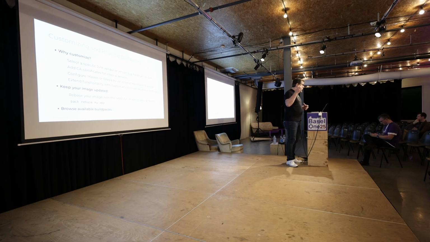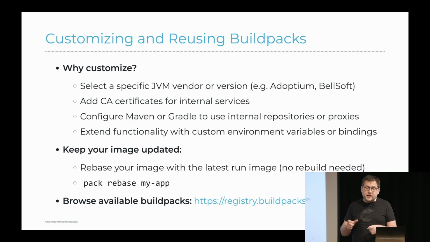So you could use something like Azul Zulu instead of Bellsoft Liberica. Or you could use something else, like Eclipse Temurin, for example. So you could choose different versions of Java builds. So you would say what kind of build packs you're going to use to add the JDK.